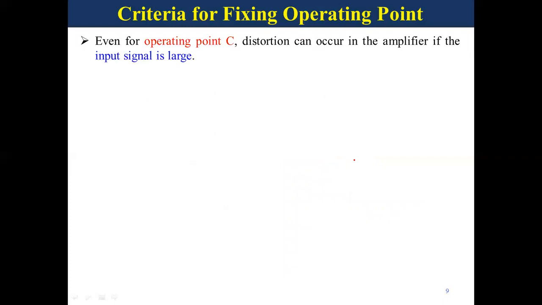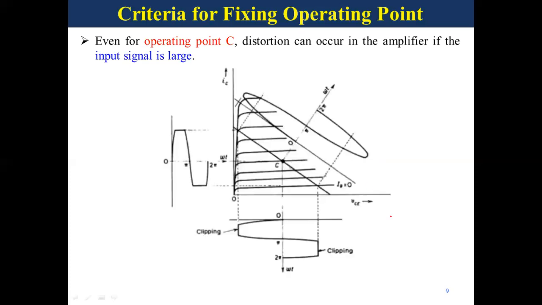Even if the operating point is at C, the middle of the active region, distortion can also occur in the amplifier if the input signal is a very large signal. If you apply a large signal, then even though the operating point is at C, for this positive peak the transistor is operated in the saturation region, so the positive peak is clipped out.